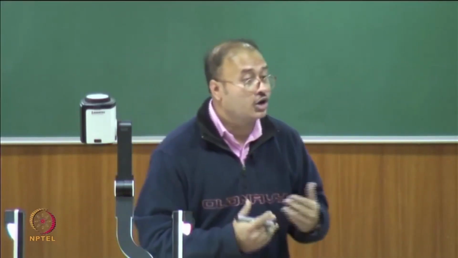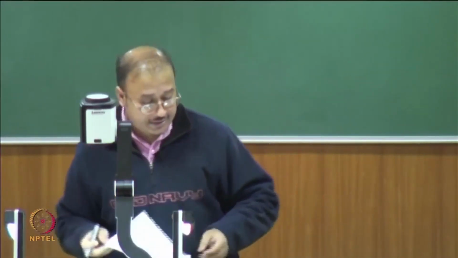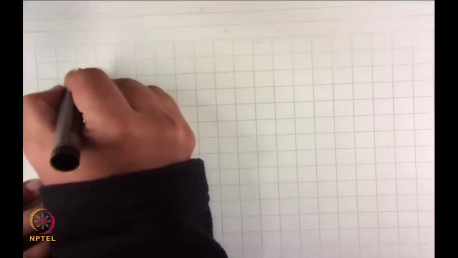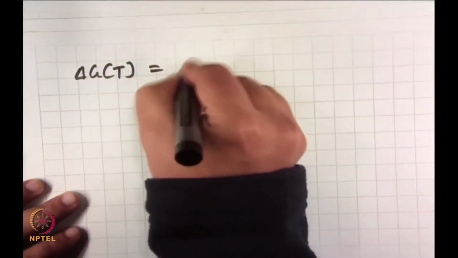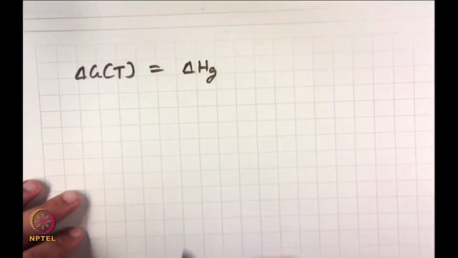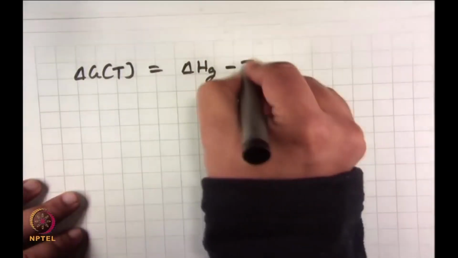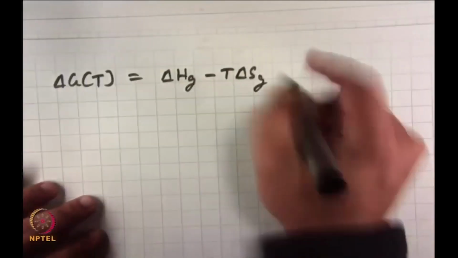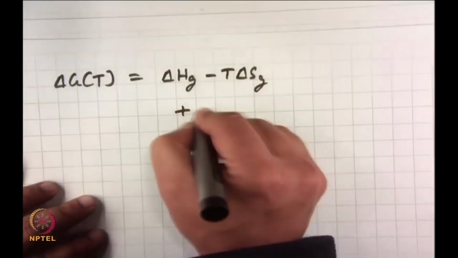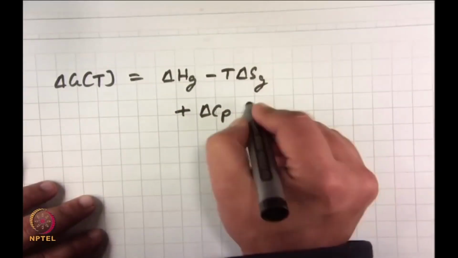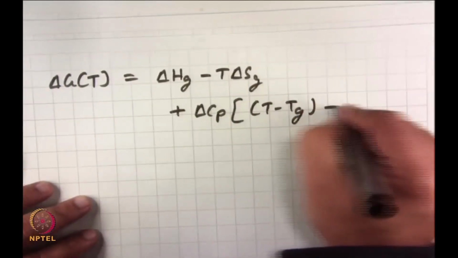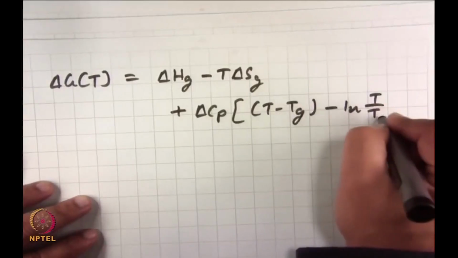Now, you can simplify it. That means you take this and rewrite it so that it becomes a little more clear. So, delta G of T is equal to delta H at Tg, minus T times delta S at Tg, plus delta Cp, combining the other two terms, times (T minus Tg minus T natural log of T by Tg).